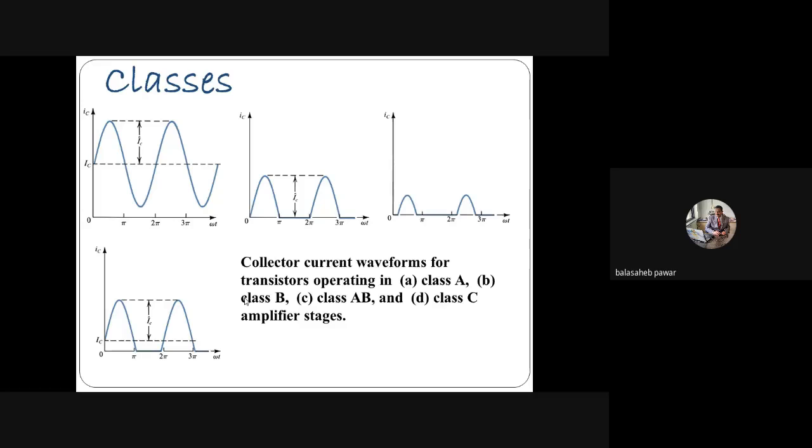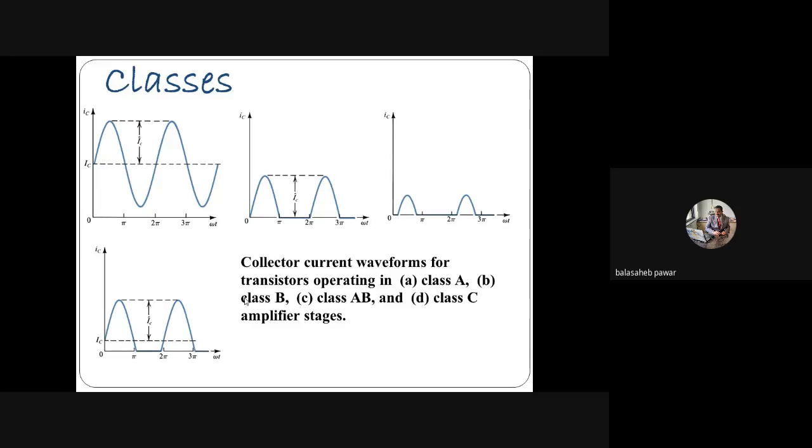Then for class B, as the conduction is only for 180 degrees, I think yesterday I mentioned that the efficiency is almost close to 75%. I think it is 78 something. Okay. Again, there is a derivation for that class B also, but it is not in your syllabus.